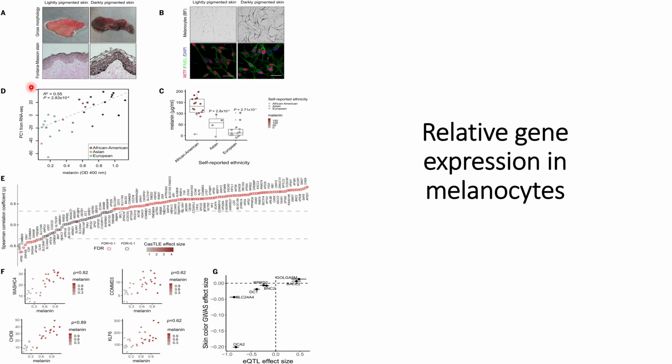What they identified is that in lightly pigmented people, the melanocyte content in the epidermis layer is low compared to the melanocytes present in darkly pigmented skin. So this is in line with our hypothesis that darkly pigmented people have more melanin content.